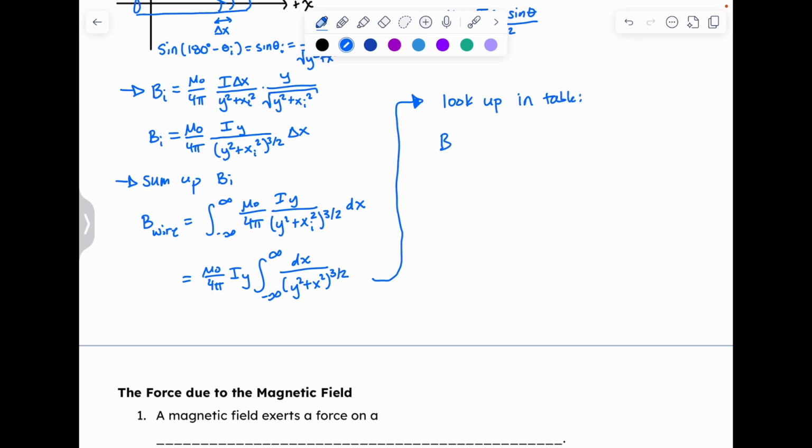We get B for a wire as mu naught I y over 4 pi, and then we get this lovely expression, x over y squared times the square root of x squared plus y squared, evaluated from negative infinity to infinity.